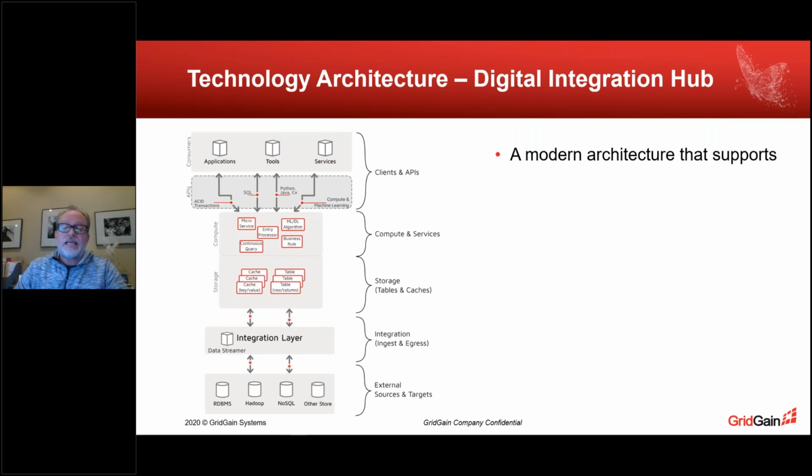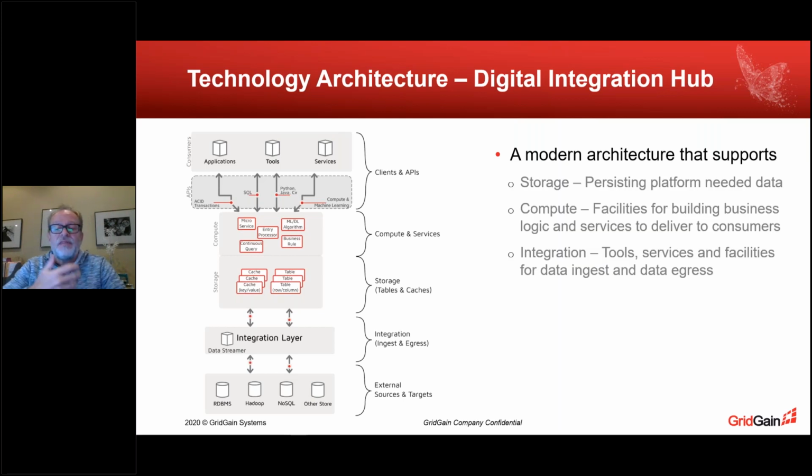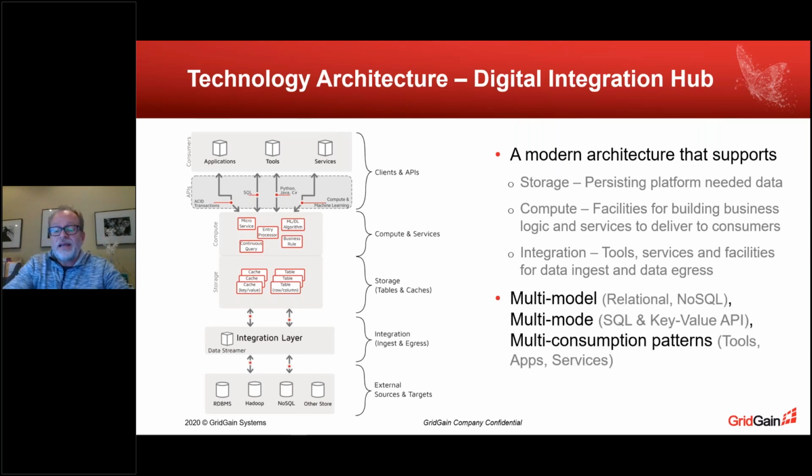And when we look at the DIH, it has these core components: storage for persisting your data, compute for facilities for computing logic and services to deliver to consumers, and then integration facilities to ingest and egress data from external sources and targets. So with all this, the Ignite DIH supports multi-model, multi-mode, and multi-consumption patterns to your many consumers.